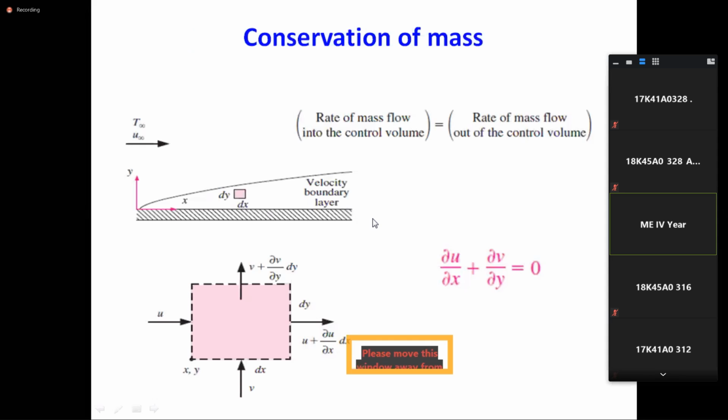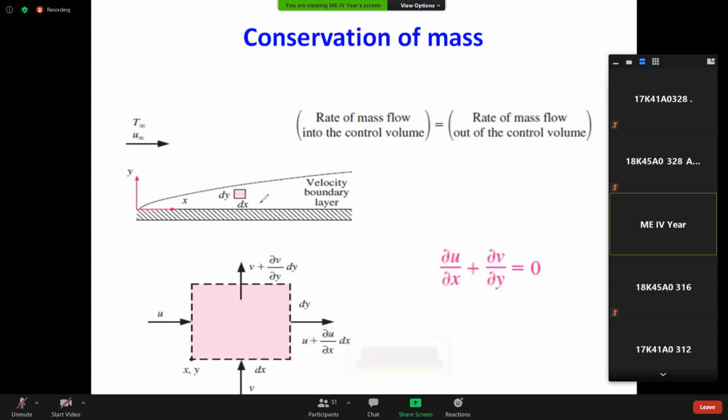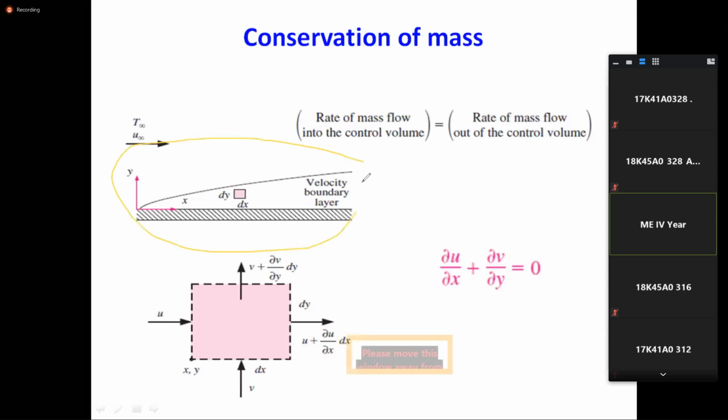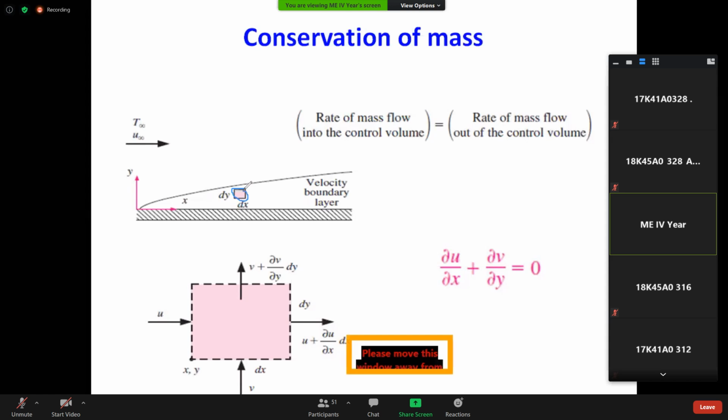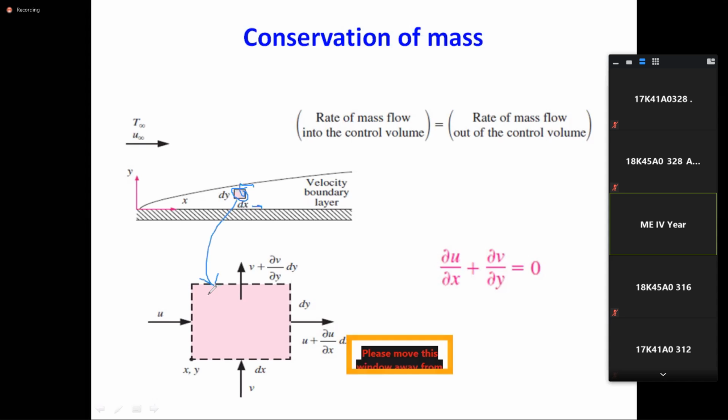Next, conservation of mass. I said conservation of mass, conservation of energy, and conservation of momentum are important. For example, this is the boundary layer. In this boundary layer, consider a small element of fluid in the direction of x and y to study the mass. In the x direction, the velocity is u plus dou u by dou x into dx.